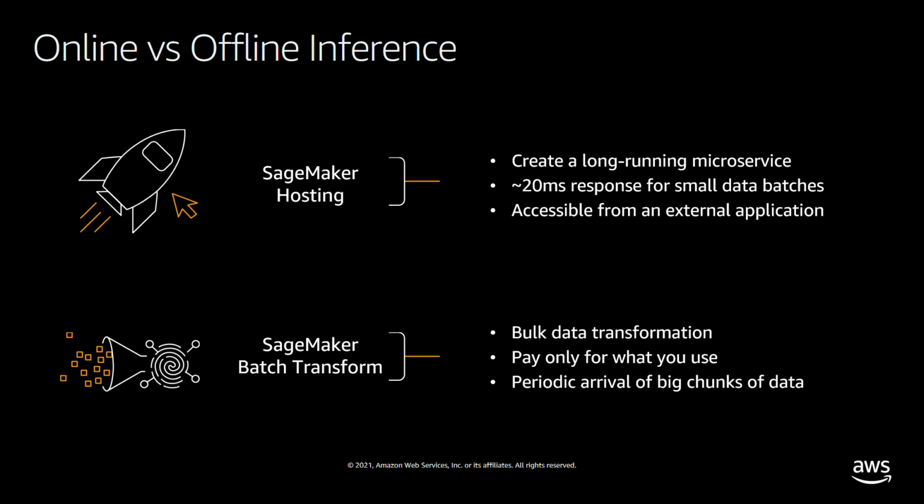However, if you do have a choice, offline inference is often much more cost-effective and easier to implement. There's a couple reasons for this. One, you can leverage big data tools like Spark to more efficiently transform your data in batch. Secondly, you can fully utilize the hardware available to you by using large batch sizes, as opposed to a batch size of one prediction.